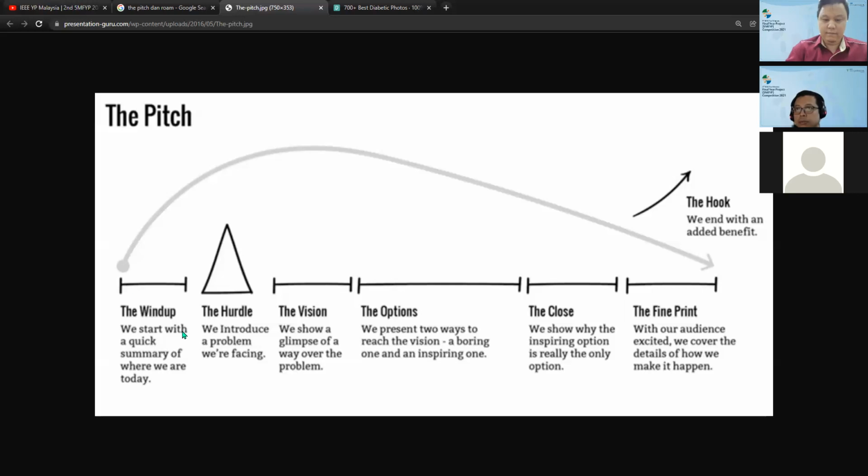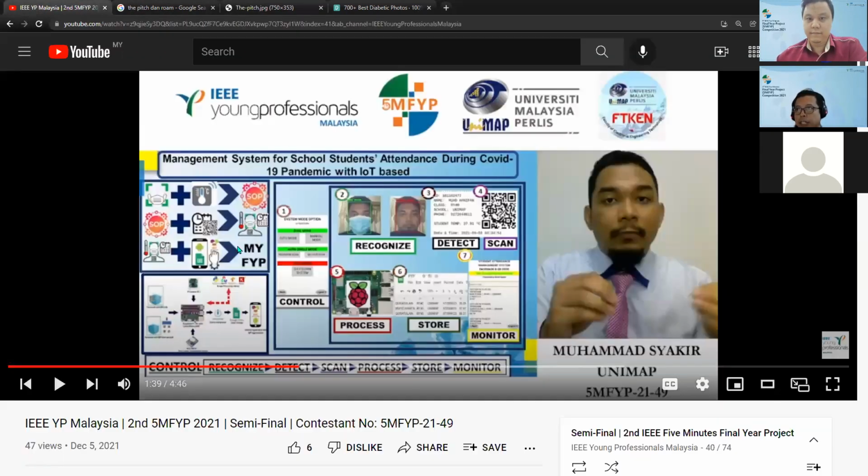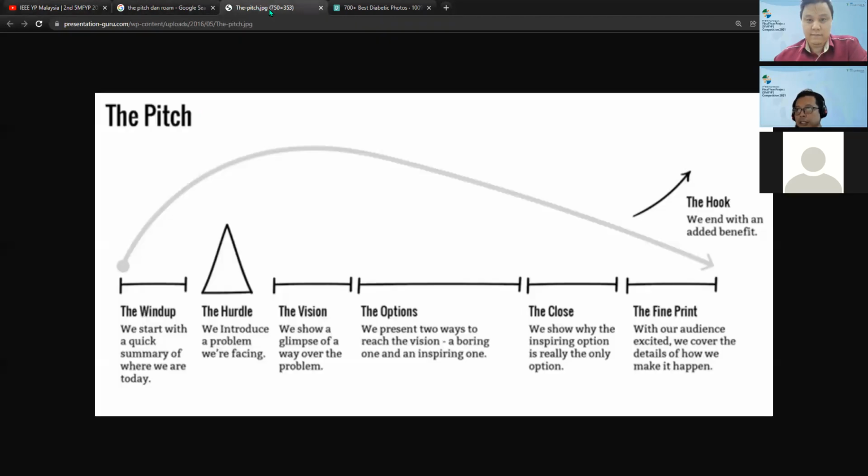So you could start doing that, and then you could tell your vision, your project here, your procedures here: control, recognize, detect, scan, process, store, monitor. So you could explain that one here.